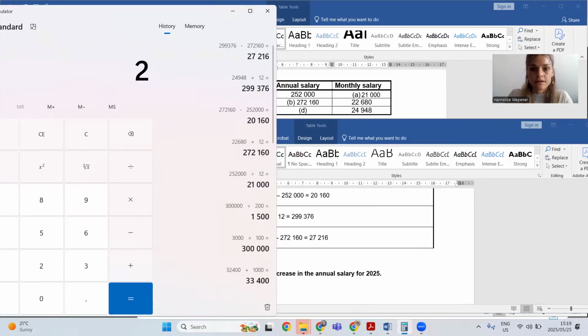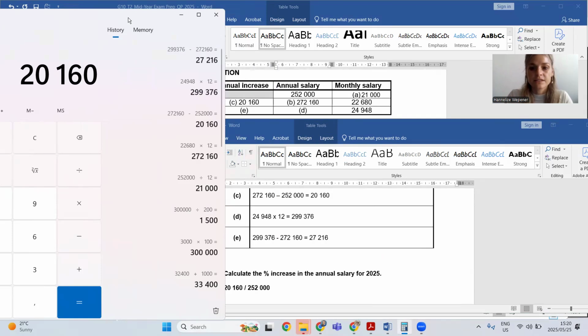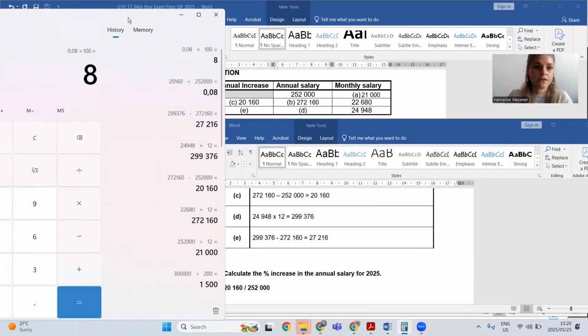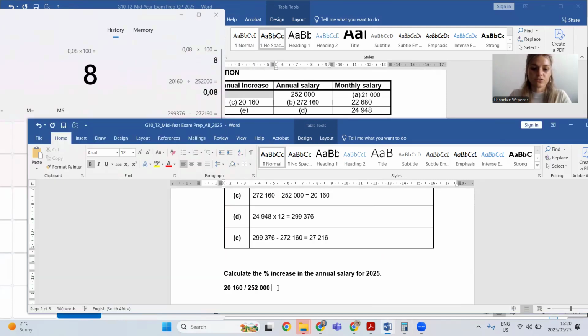So the increase divided by the original salary times 100 to get the percentage, and that is 8%. Okay, so that's also calculating increase in annual earnings.